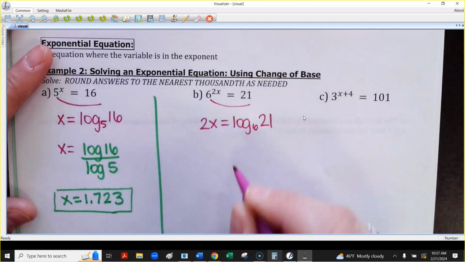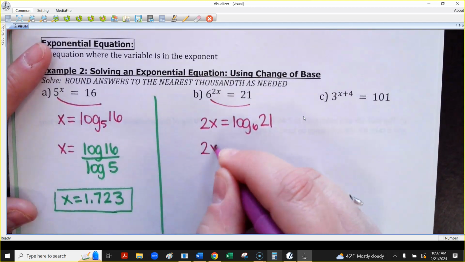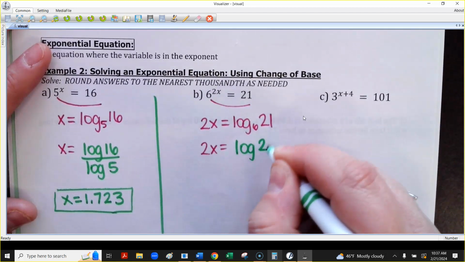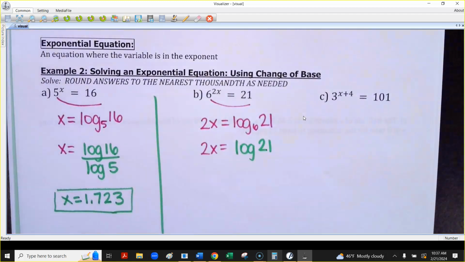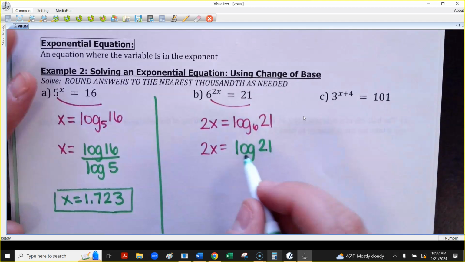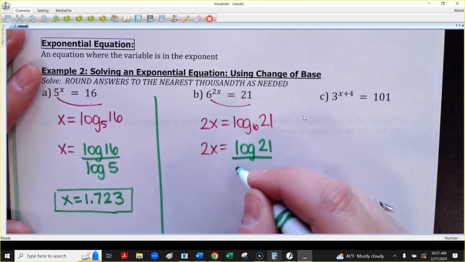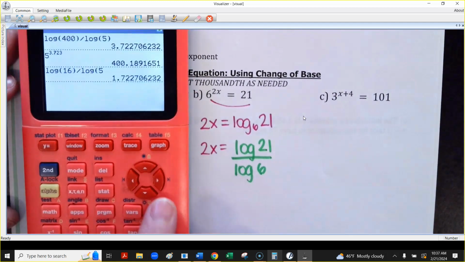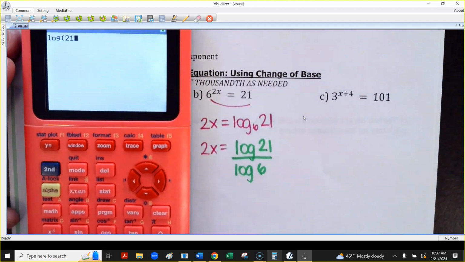And so I'm going to do my change of base here to do this on my calculator. So whatever you're taking the log of, do the common log of that. I'm doing log base 10 to change the base to 10, so my calculator will do this for me, divided by a separate log of the subscript. All right, so log 21 divided by log 6.